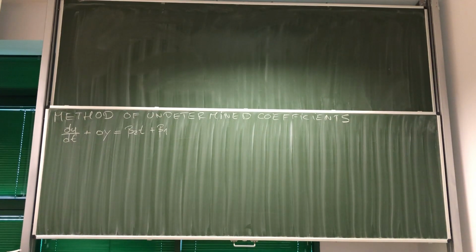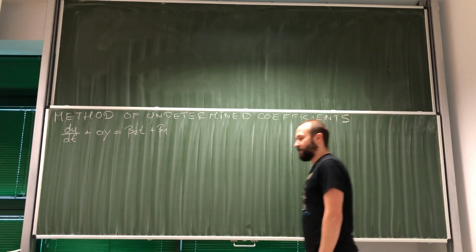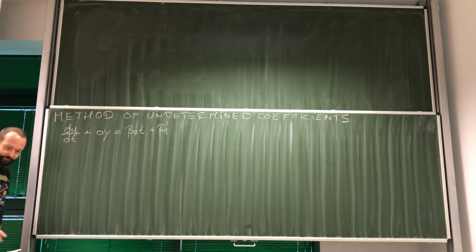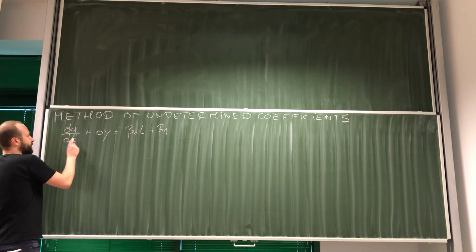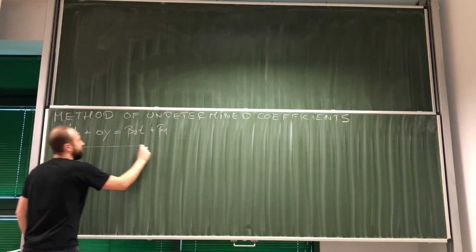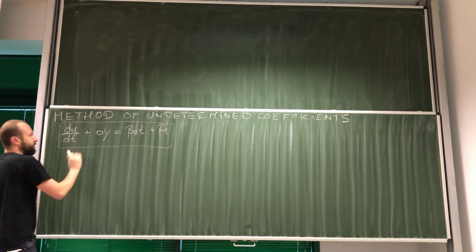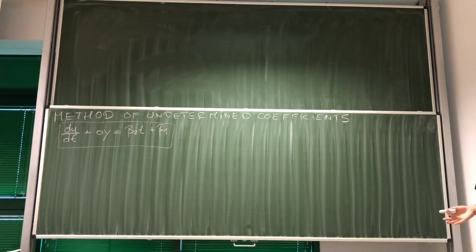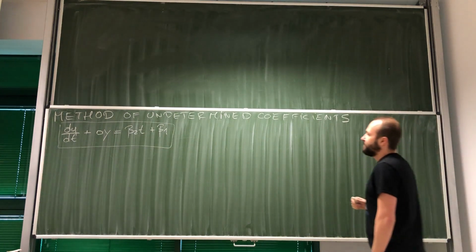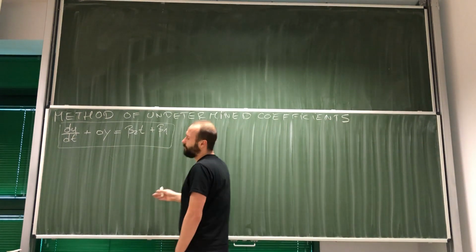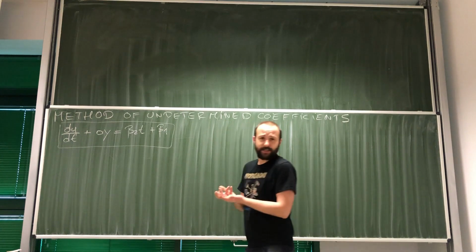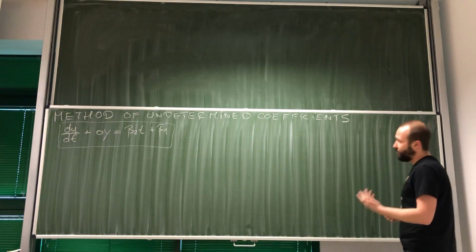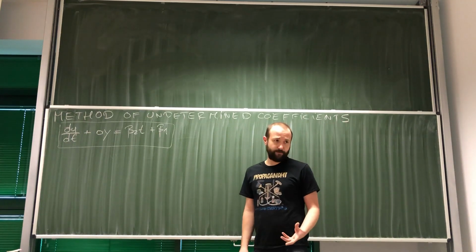Hi. In the video about modeling GDP using first order differential equation, we were trying to find the time path from this differential equation. And in order to do it, we needed to go through enormous effort associated with using integration by parts to find the solution.